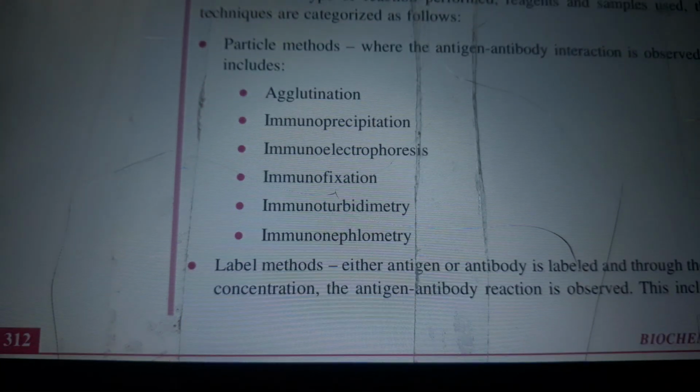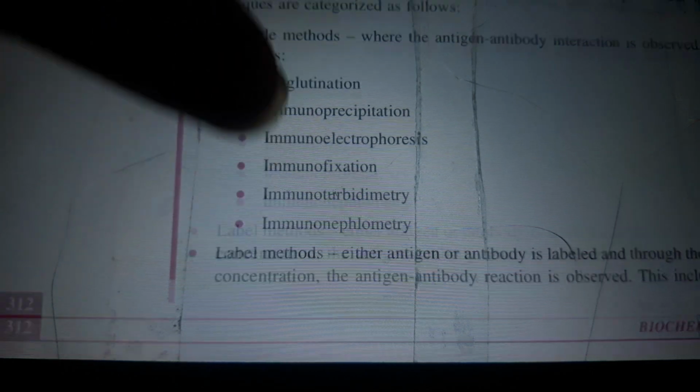Types. Based on the type of reaction performed, reagents and samples used, the techniques are categorized as follows. Particle methods, where the antigen-antibody interaction is observed. It includes agglutination, immunoprecipitation, immunoelectrophoresis, immunofixation, immunoturbidimetry, immunonephelometry.